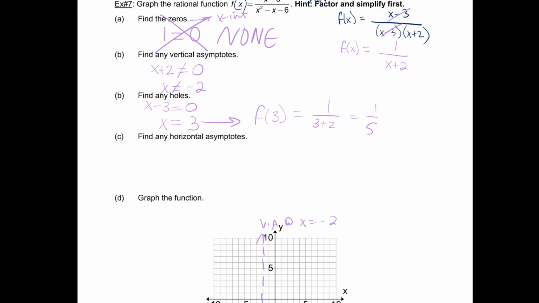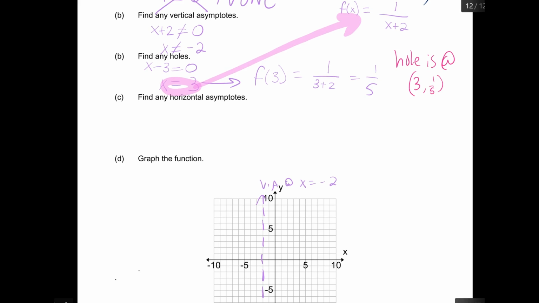In order to find that, I plug 3 back into the simplified version. My hole is at 3, 1/5. Come down here, 3, 1/5.